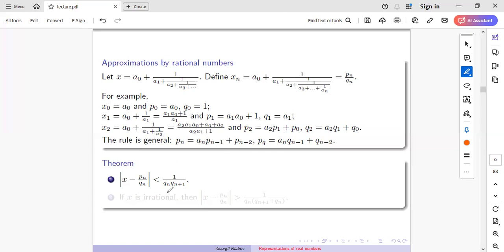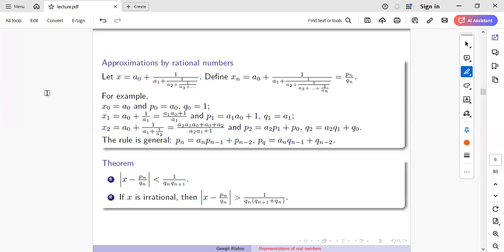And one can show that actually this number, 1 over qn plus 1, becomes small when n becomes large, quite fast.